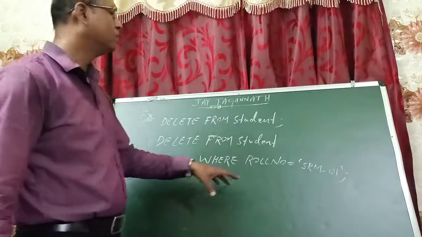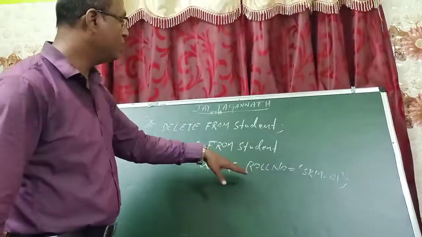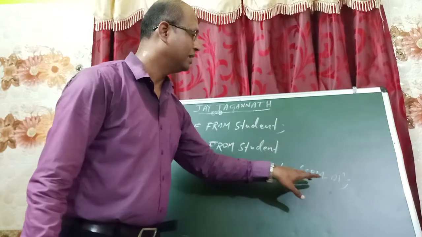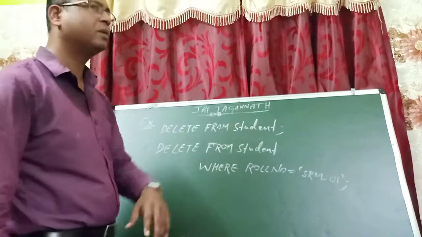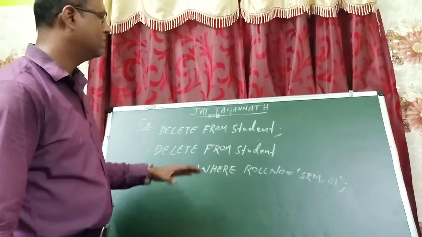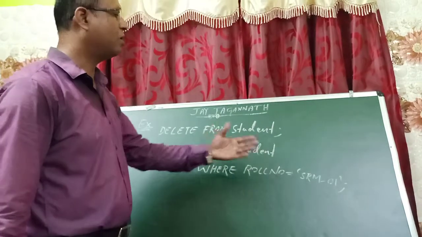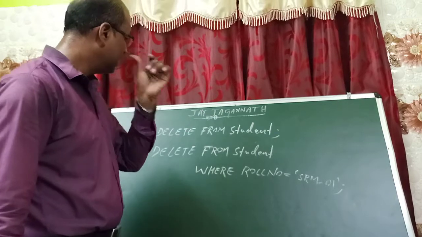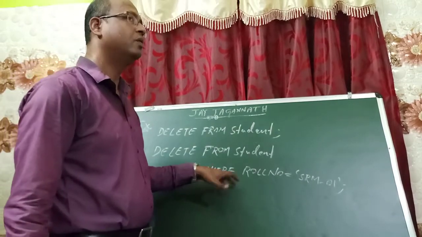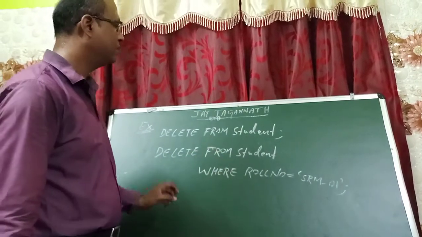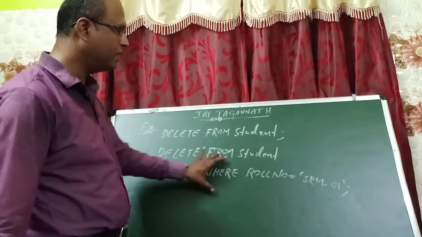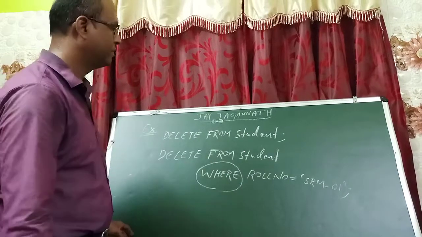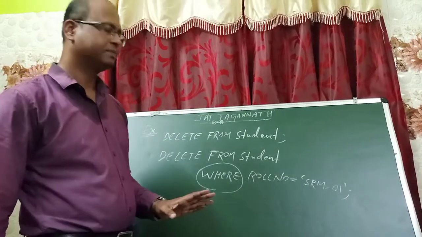The student who is bearing the roll number SRM 01, the record of that student will be deleted from the student table. Conditionally, as per our requirement, using the where clause, we can delete such amount of data from the table. But if you omit this where clause, then all records will be deleted. This is the delete command.